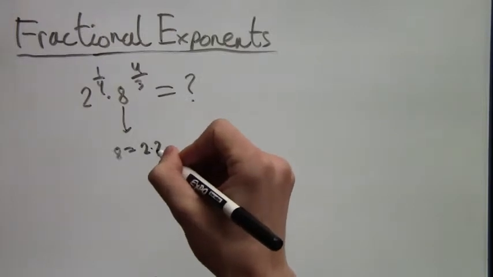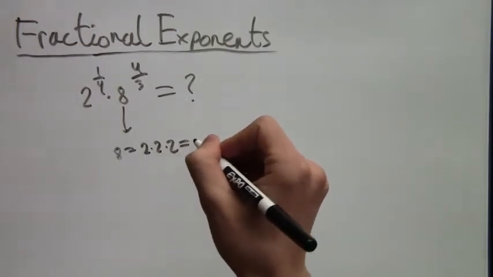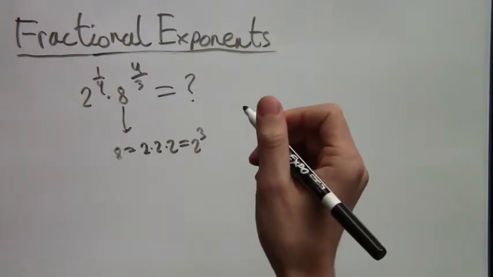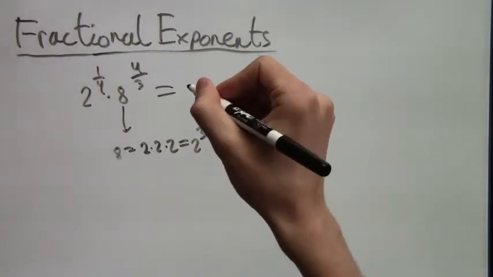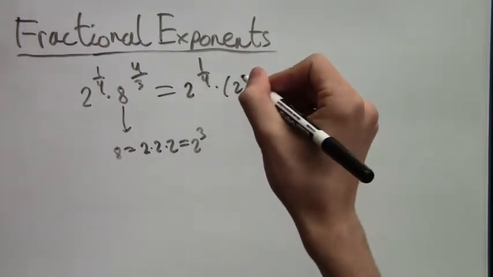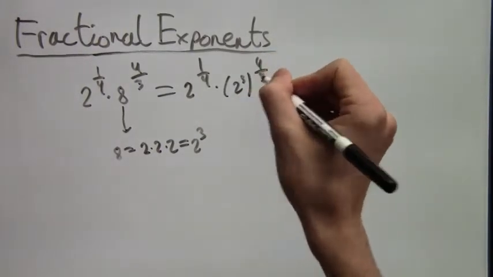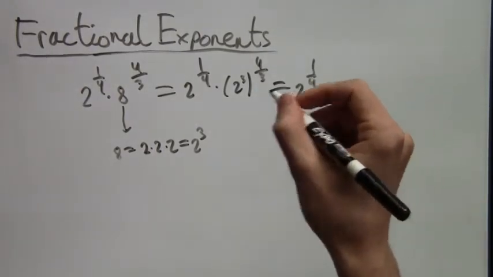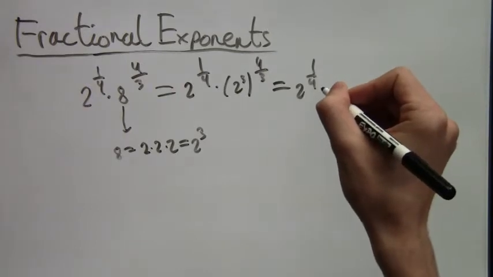And now we remember that 8, which is 2 times 2 times 2, is just 2 cubed. So 8 to the 4/3 can be rewritten as 2 to the 3rd, and then we take this to the 4/3 power. Since we have an exponent of a power, then we multiply those two powers.